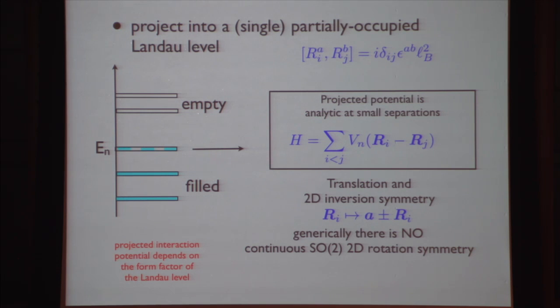But the three-body ones that, for example, give you the Moore-Read state all have special kinds of three-body interactions which do have inversion symmetry. And all the model quantum Hall states, and presumably all the real ones in the clean translationally invariant background, have fundamental symmetries of inversion and translation.